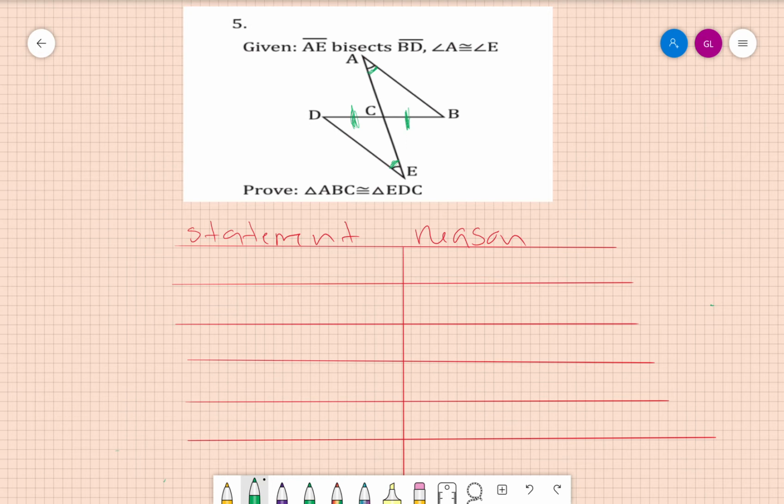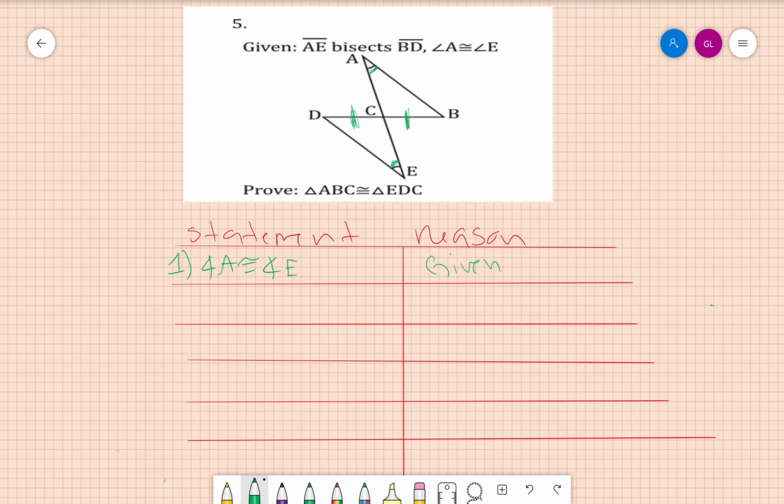Okay, so now for number 1, for the statement, they said that angle A is congruent to angle E, and that's given.